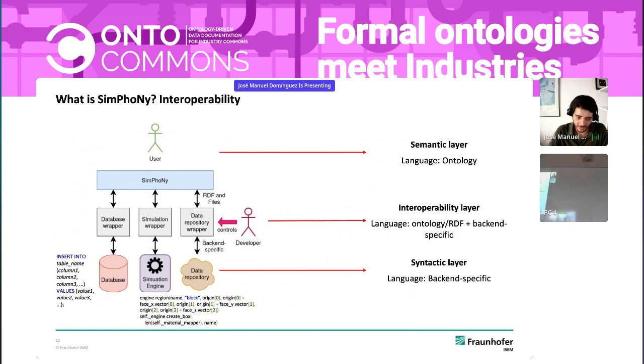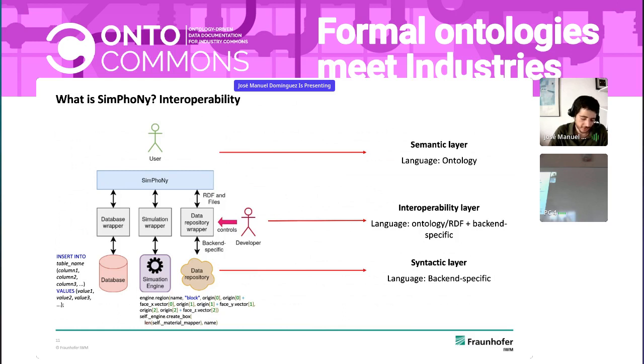So, the things that we were doing before in the previous example, that's direct interaction with Symphony. That's the top layer. And then there is a middle layer called the interoperability layer, where there are the so-called wrappers that are like plugins to Symphony.